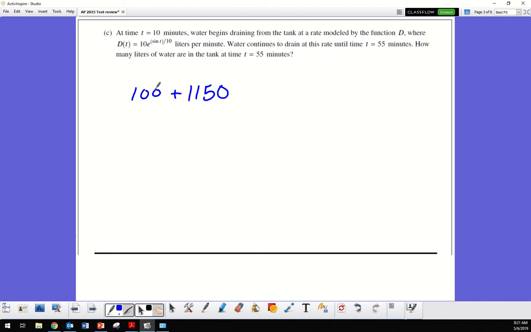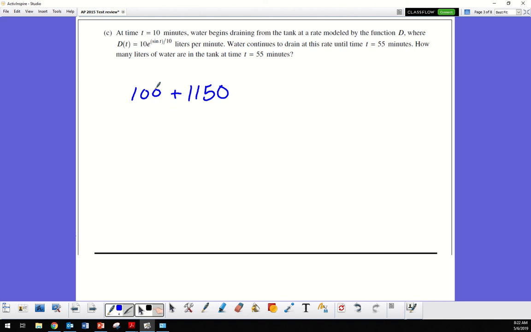So that's going to be our amount going in, right? That's all the amount going in. I started with 100 and I added 1150. Now from this point right here, what do I need to do? Anyone, take a stab at it.